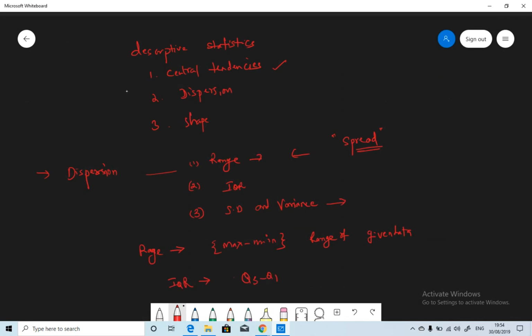Interquartile range is nothing but Q3 minus Q1, right? This is the basic idea used in detecting outliers.